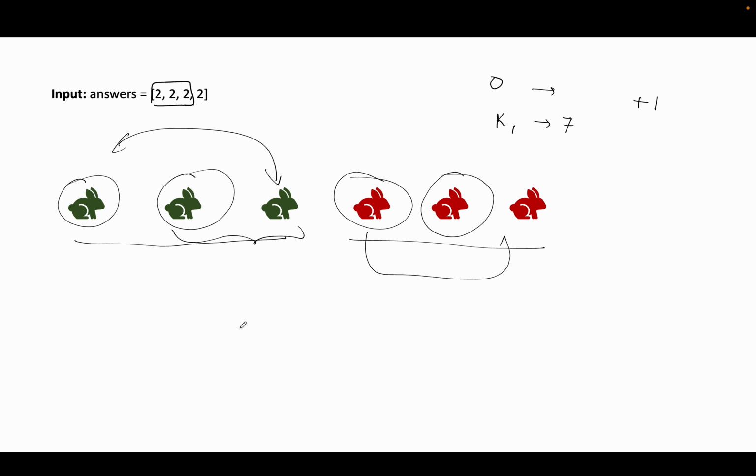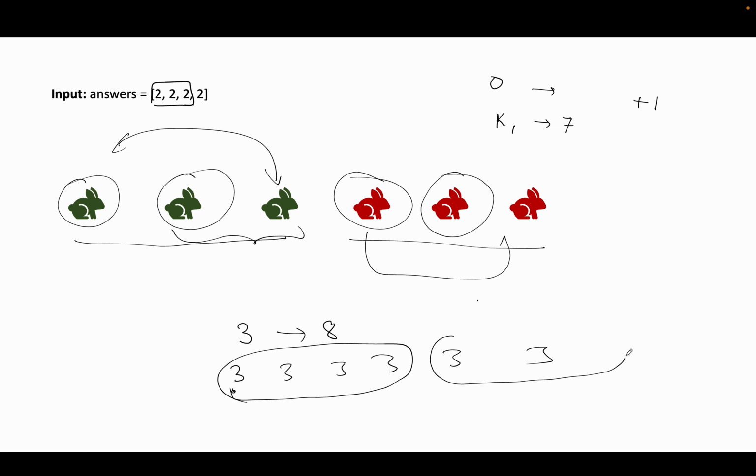Or let's say we have 3, answer is 3, and 3 is repeated 8 times. Then we know that once a rabbit, so that means 3, 3, 3, 3, 3, 3. So this says that I and 3 more. So up to 4 threes you can merge. Then next 4 threes you can merge. So 4 plus 4, 8.